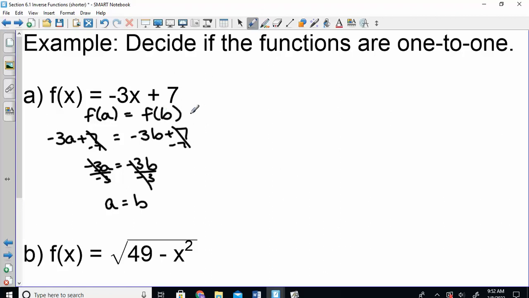So I started out by saying, okay, these y values are the same, and what did I get? A equals b. So that's saying the only way the y will be the same is if you plugged in the same number to begin with. So if you get a equals b at the end, that's saying this is one-to-one. Because we pretended we got the same y value twice, and we saw the only way that happened is if x was the same.